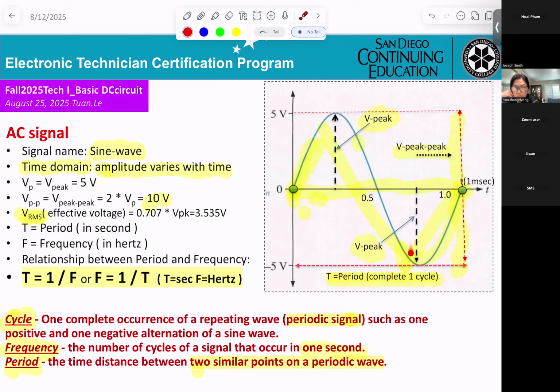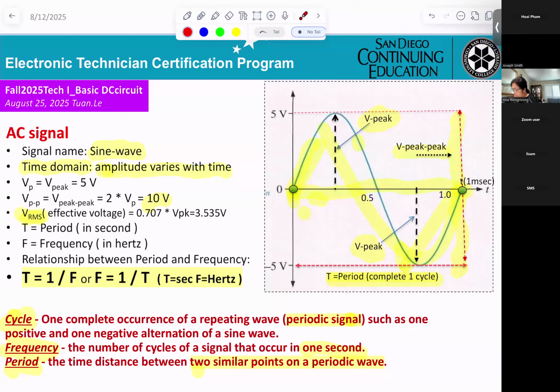And 0 going to the bottom is also V peak. From the top to the bottom is called V peak to peak. So whenever we talk about V peak or V peak to peak, you know what the voltage is.